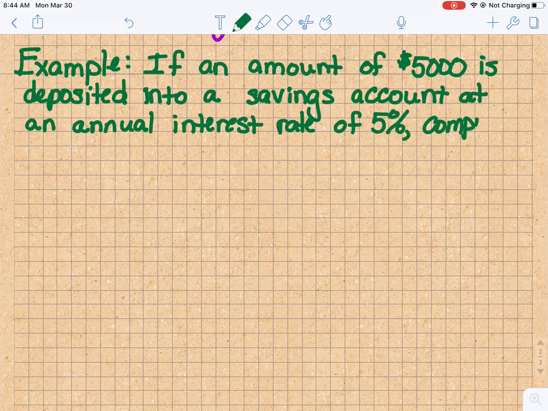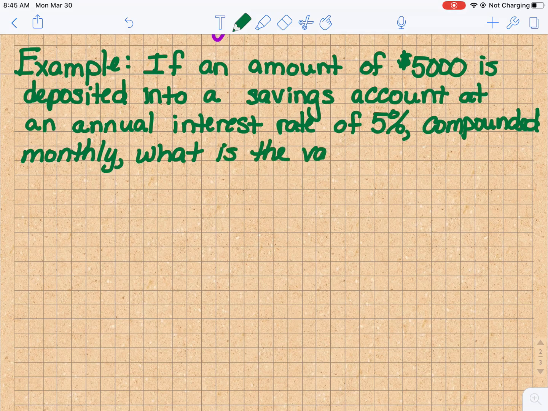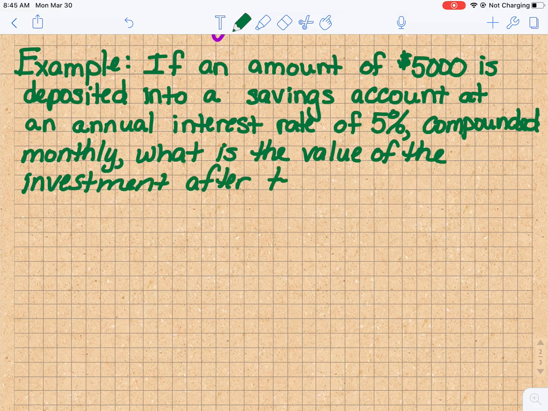This gives you the key. As soon as you see the word compounded, you know we're using compound interest. Monthly. What is the value of the investment after 10 years? So there's a lot of words going on, but you guys have learned that that's okay. You can handle the words.